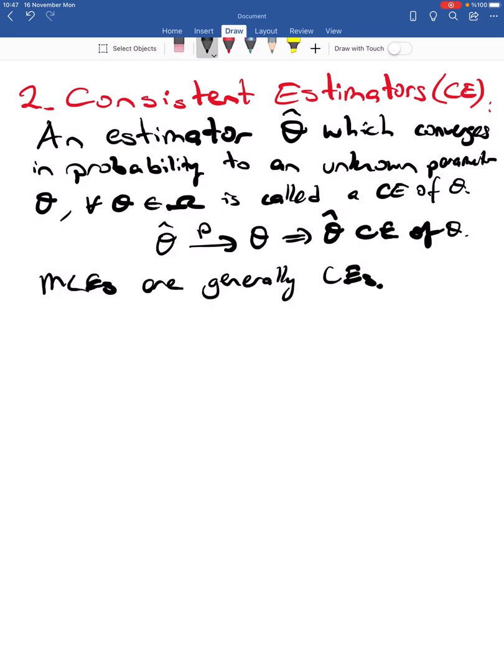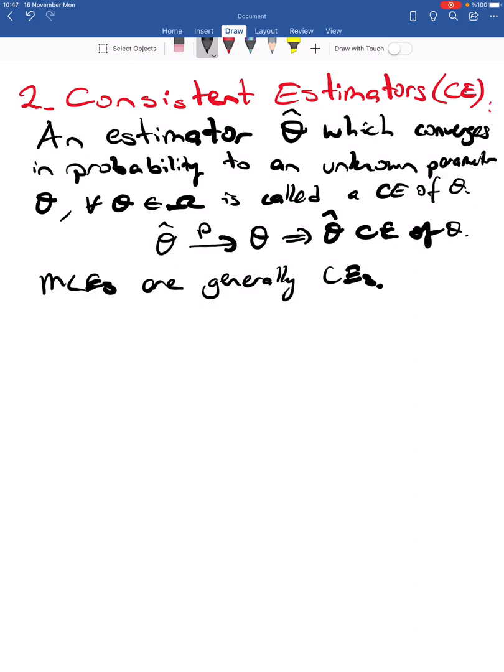If you want, you can use this actually, but we have different approaches. Sometimes we are using the weak law of large numbers, if you remember. So if the expectation of the estimator equals the parameter, then basically we can use the weak law of large numbers.